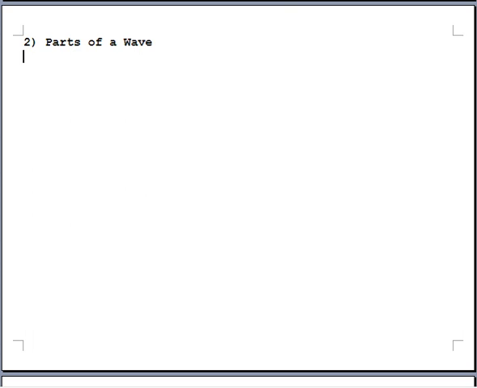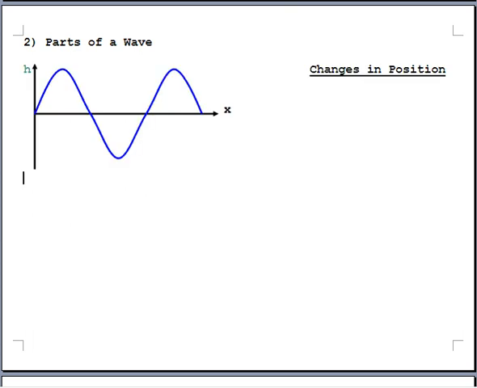Parts of a wave. Stuff we're going to talk about over the next 3, 4, 5 lessons. So we're going to sketch a little picture here of a wave. Might look kind of like a sine wave for those of you that are familiar with those in math class. Just talking about like the physical proportions of the wave. The amplitude of the wave is how far above or below the x-axis the wave extends.